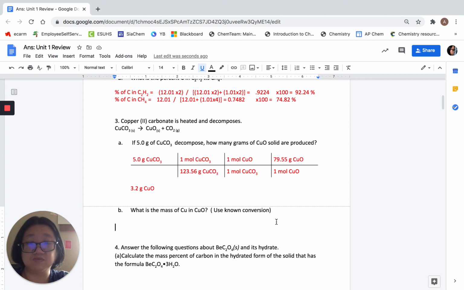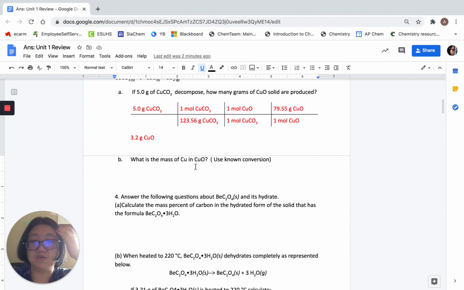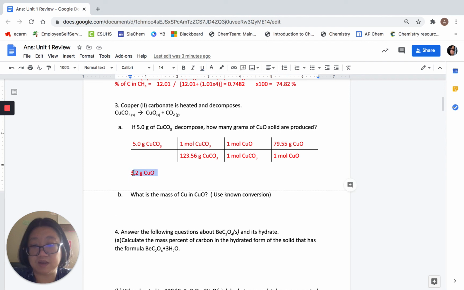That question is a little bit strange. So let's go ahead and do that. Find the mass of Cu in a CuO. So in 1 mole of CuO, we're going to have 1 mole of Cu, and then go from there. Okay, let's go ahead and figure that one out.